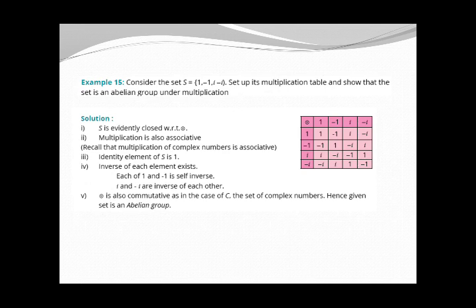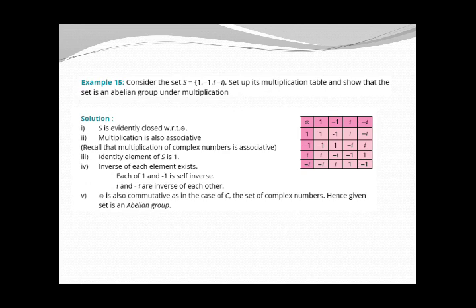Next we have the numbers 1, minus 1, iota, minus iota. These numbers are called the fourth roots of unity, and we draw a table with respect to multiplication. There is a point to note: if iota is multiplied by iota it becomes iota square, and iota square is equal to -1.